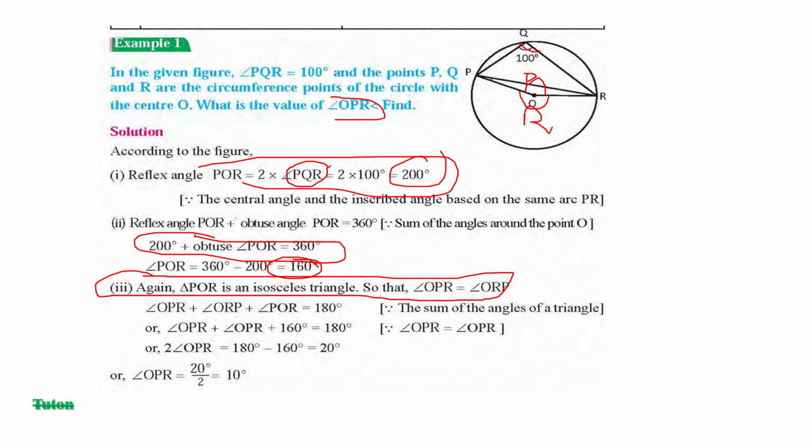As we all know, the sum of all three angles of a triangle is equal to 180 degrees. Here triangle OPR is an isosceles triangle, since it has two equal sides, OP and OR, being the radius of the circle. In the isosceles triangle, angle ROP plus angle OPR plus angle PRO is equal to 180 degrees, which is suggested by this equation.